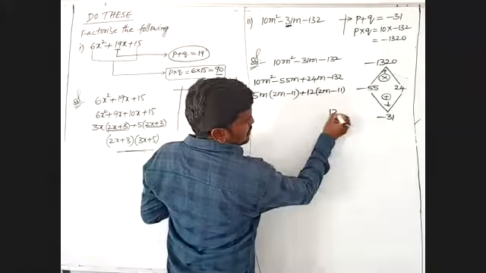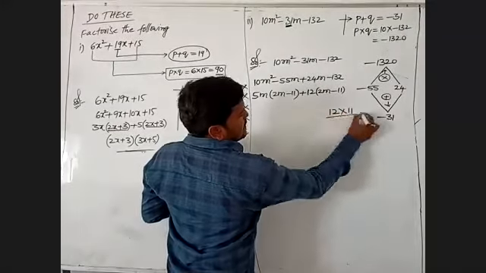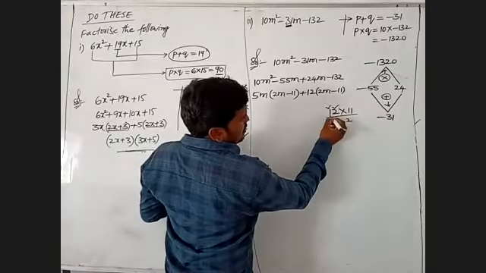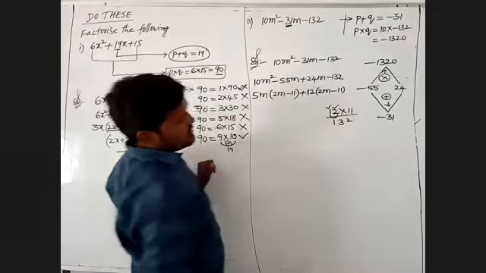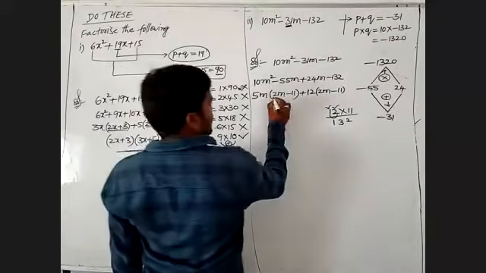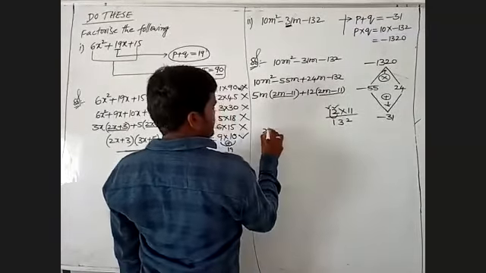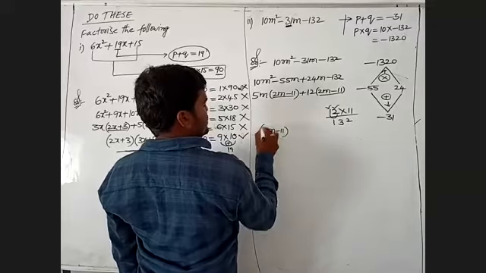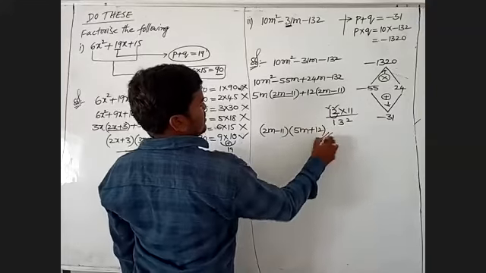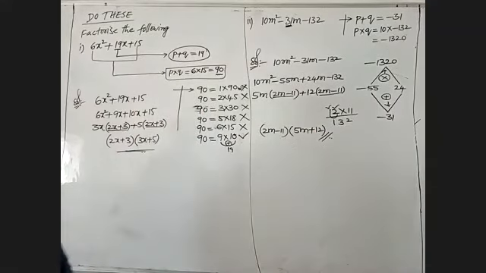You will observe 12 into 11, the last digit is 2, first digit is 1, 1 plus 2 will become 3, that is the value 132. In both terms, the common term is 2m minus 11, remaining is 5m plus 12. That is the factorization of the given one.